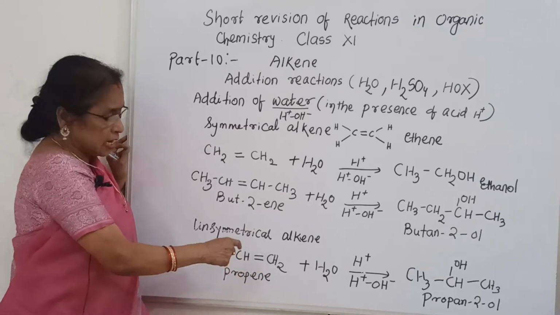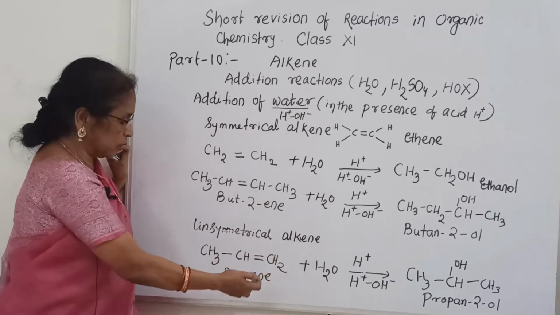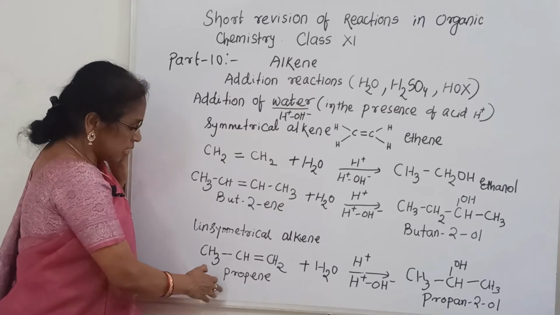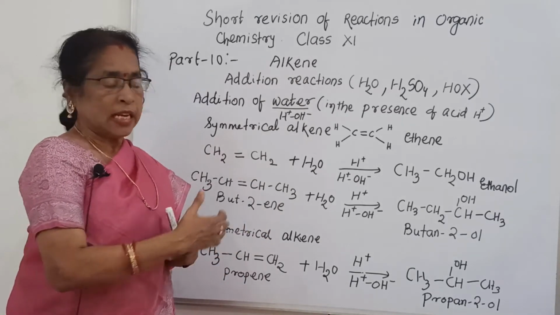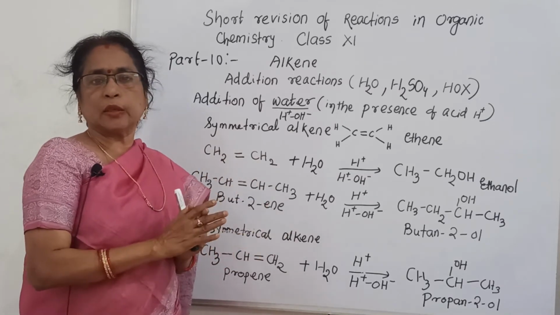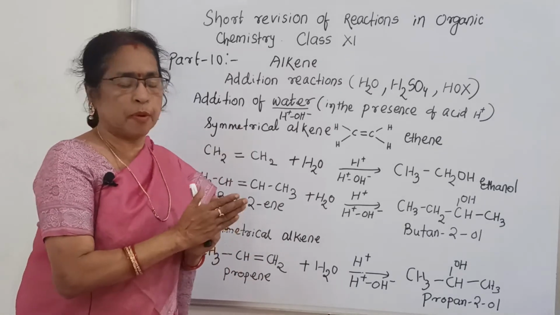CH3CH=CH2. You can observe the right side has 1 carbon 2 hydrogen and the left side 4 hydrogen 2 carbon, that is propene. That means it is an unsymmetrical alkene, because the carbon and hydrogen atoms are not the same on both sides of the double bond.